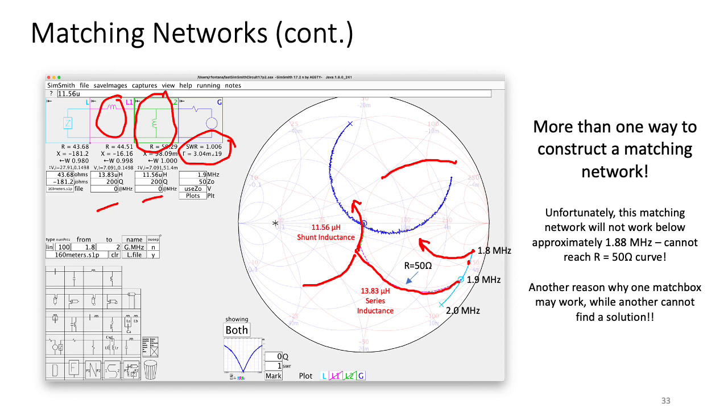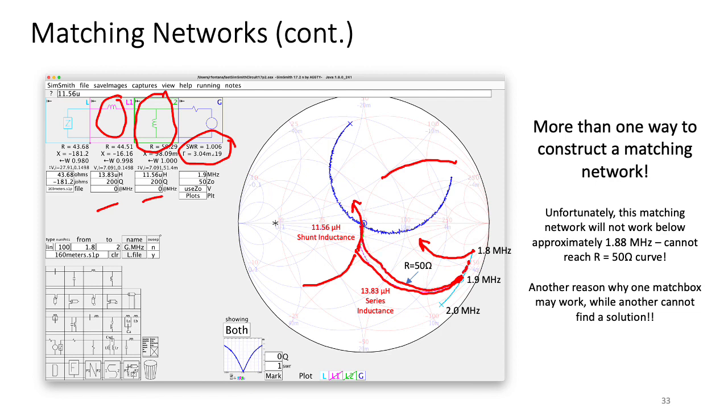Well, notice that I could never hit the curve where the admittance is equivalent to 50 ohms if I am beyond this point right here, because this point is the last point where I can add a series inductance and get myself to the origin.